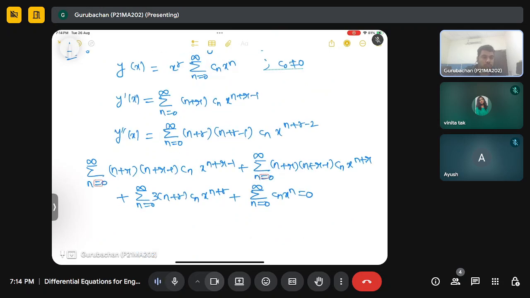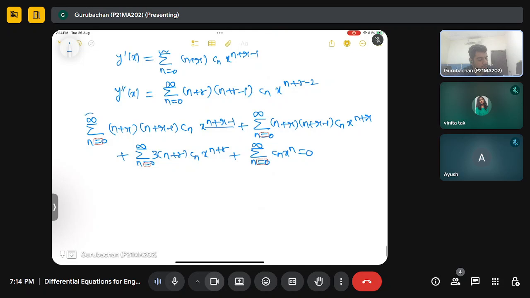Clearly, all the powers of x are not equal, so we have to put n as n plus 1 in the first series, so this series will start from n equal to 1. So the summation from n equal to 1 to infinity of n plus r plus 1 into n plus r cn plus 1 x to the power n plus r, plus the summation from n equal to 0 to infinity.